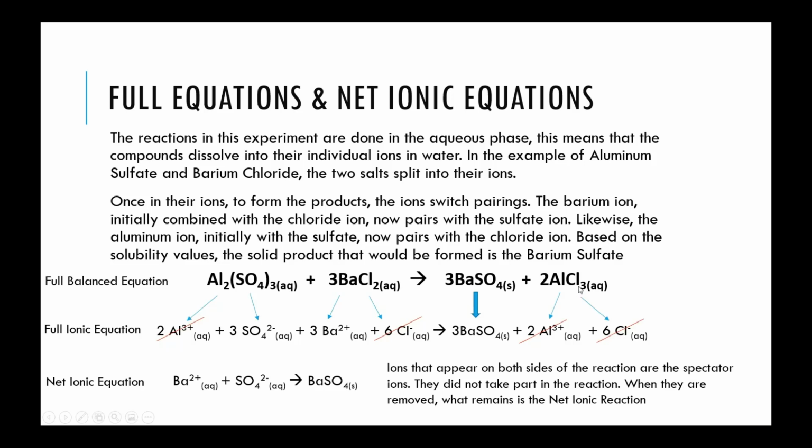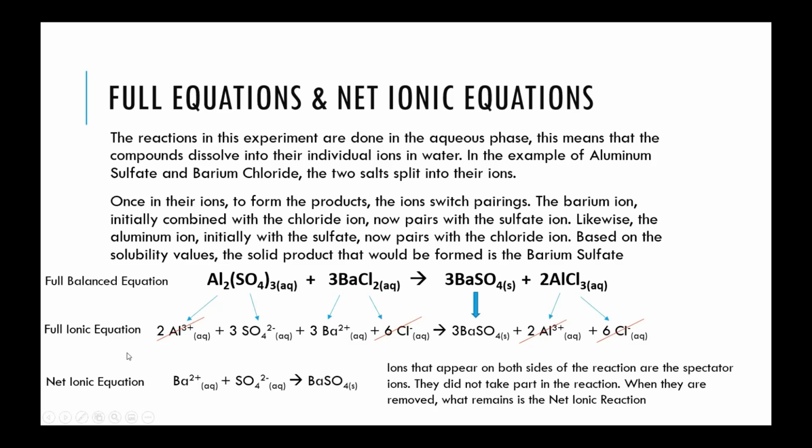And the aluminum chloride is still aqueous, so this one's also broken apart into its ions: 2 aluminum ions and 6 chloride ions. This equation right here is the full ionic equation. This is every single ion laid out in the products and the reactants.